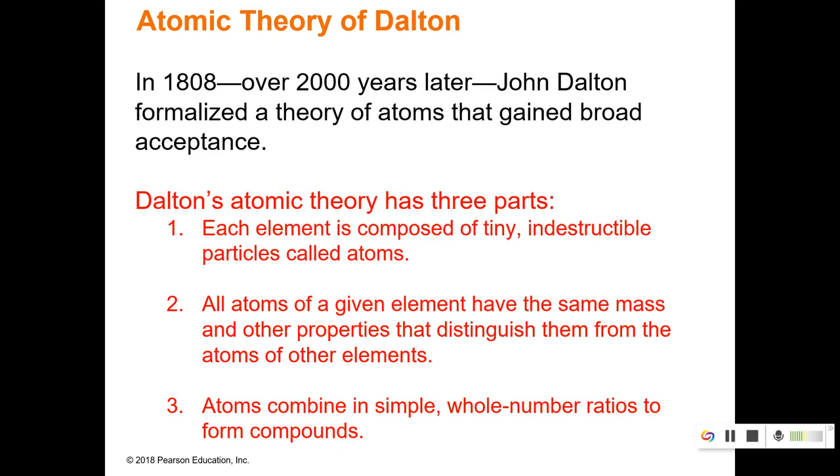He also said that atoms of a given element have the same mass and other properties that distinguish them from other elements, and that atoms combine in simple whole number ratios to form compounds. We will talk about this, but number 2 is going to have an issue with this same mass, and we'll talk about that in part 3.